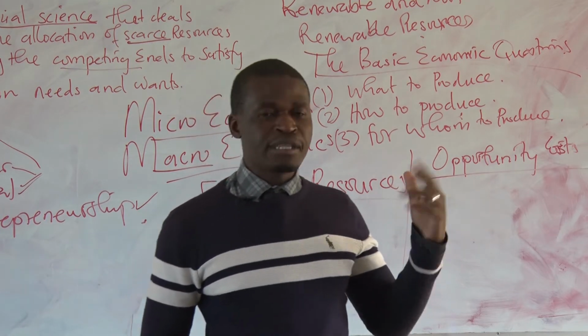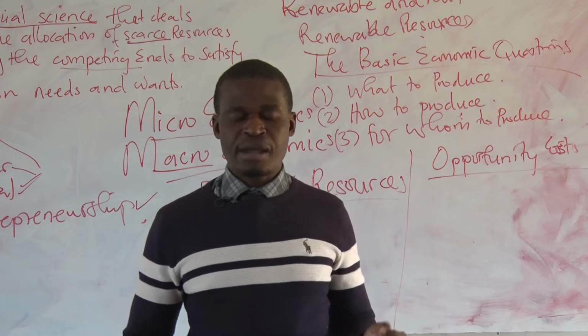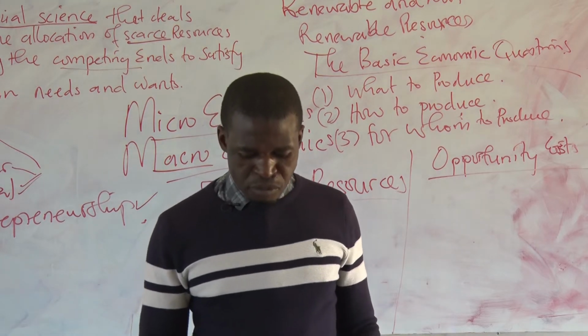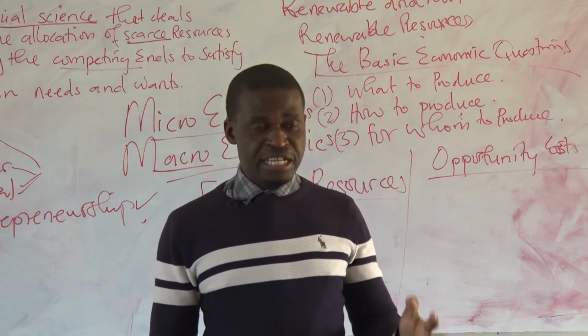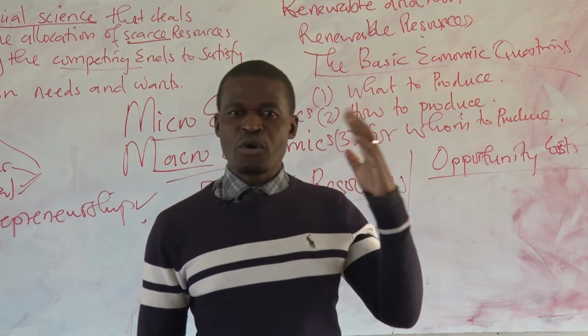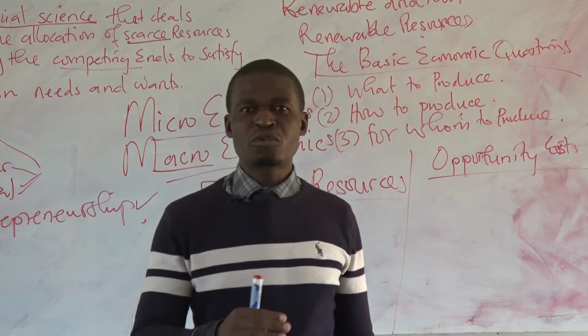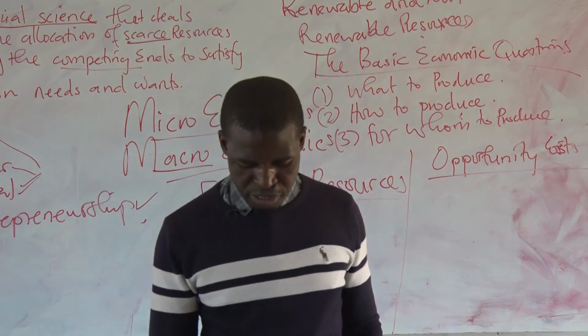If we decide to produce cement, we cannot produce at the same time bricks, for example. And at government level, limited tax revenue may mean that a decision to build new schools will have the opportunity cost of building hospitals. So the opportunity cost of building schools will be hospitals.